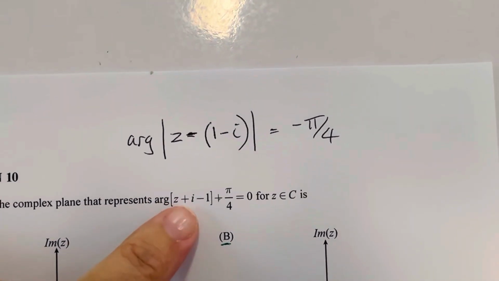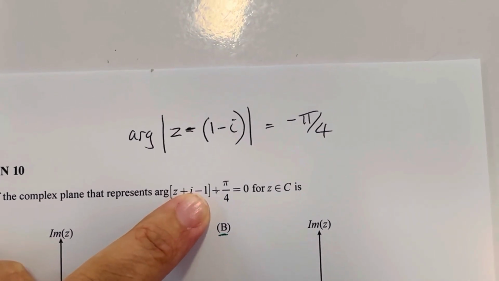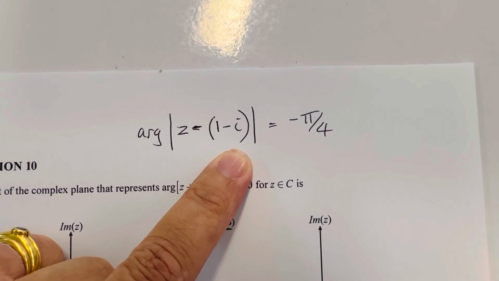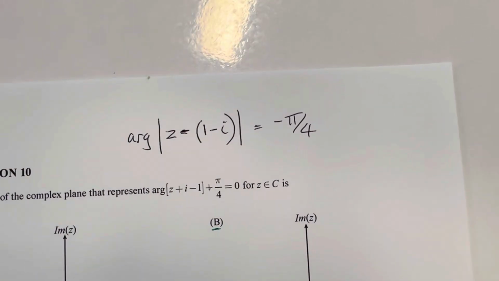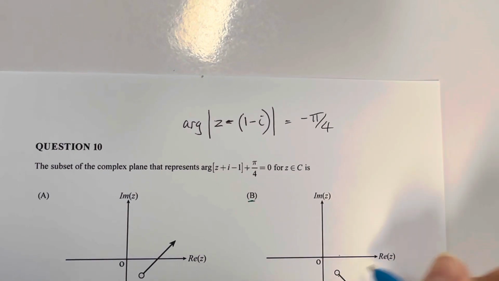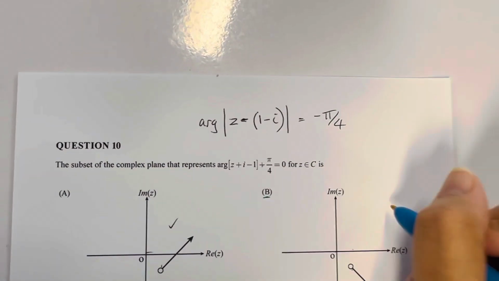So we can clearly see that because they wrote Z plus i minus 1, I want to express it as Z take my point. That gives me my starting point for my arg. So 1, negative i. So potentially 1 across negative i could be right.